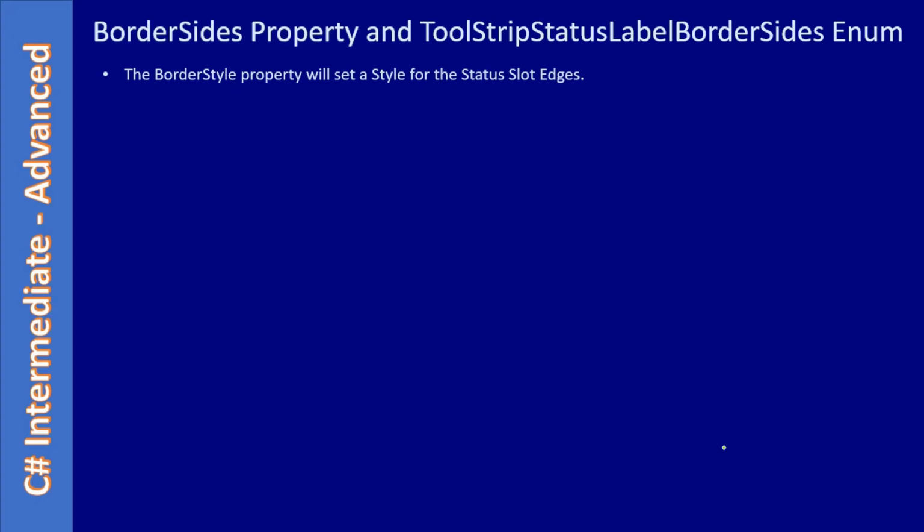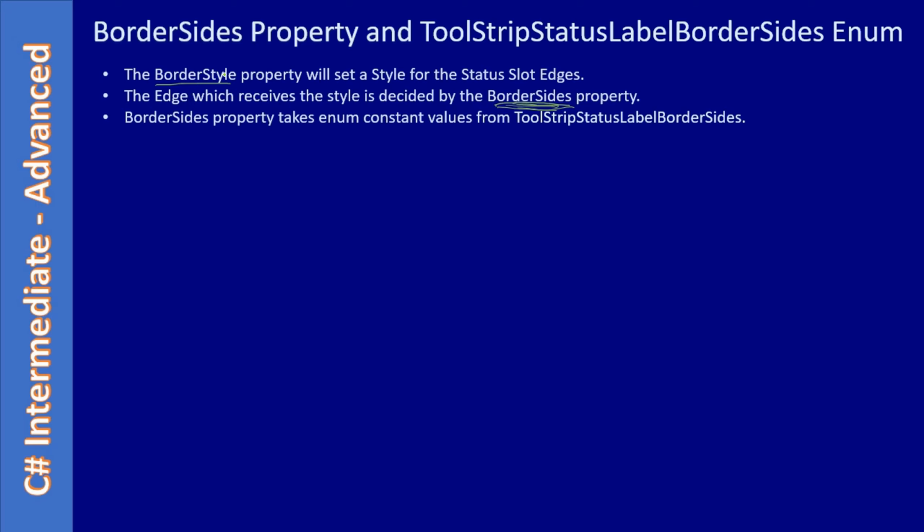The border style property will set a style for the status slot edges. The edge which receives the style is decided by the border side property. So this is the style, and the border side tells where we want to apply the border style.